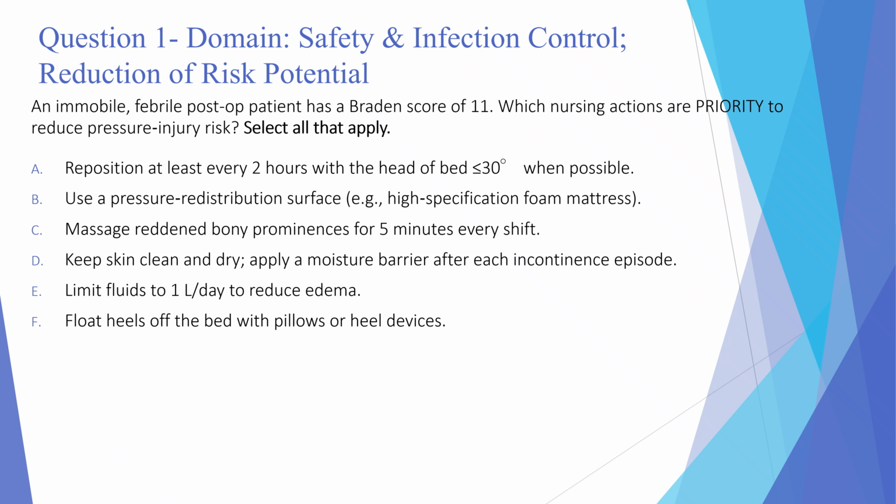Select all that apply. Reposition at least every 2 hours with the head of bed elevated when possible. Use a pressure redistribution surface, for example a high-specification foam mattress. Massage reddened bony prominences for 5 minutes every shift.